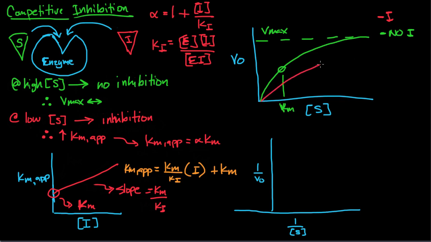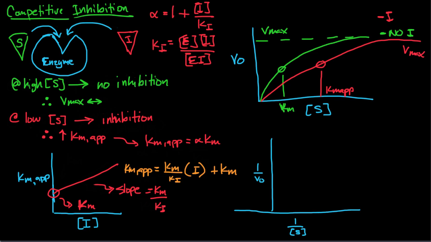It's just that the Km value, the Km apparent, went up. So there's no change in the Vmax. It's just that obtaining half of that Vmax is going to be harder, because you have some inhibition going on at lower substrate concentrations.